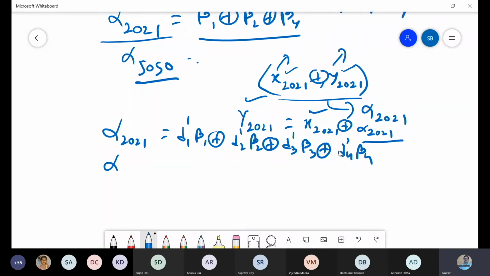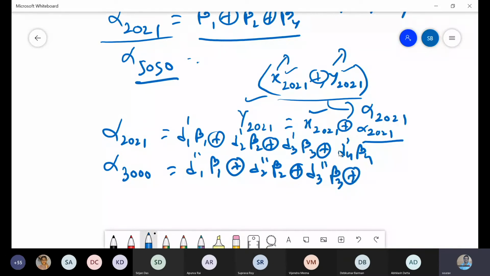Now if we have, say, alpha 30,000 something like that, we have D1 prime beta 1 XOR D2 prime beta 2 XOR D3 prime beta 3, and so on. These D1, D2 are known coefficients, either 0 or 1. So we have some equations, and these are linear equations. So we can solve them. That is called an algebraic attack.